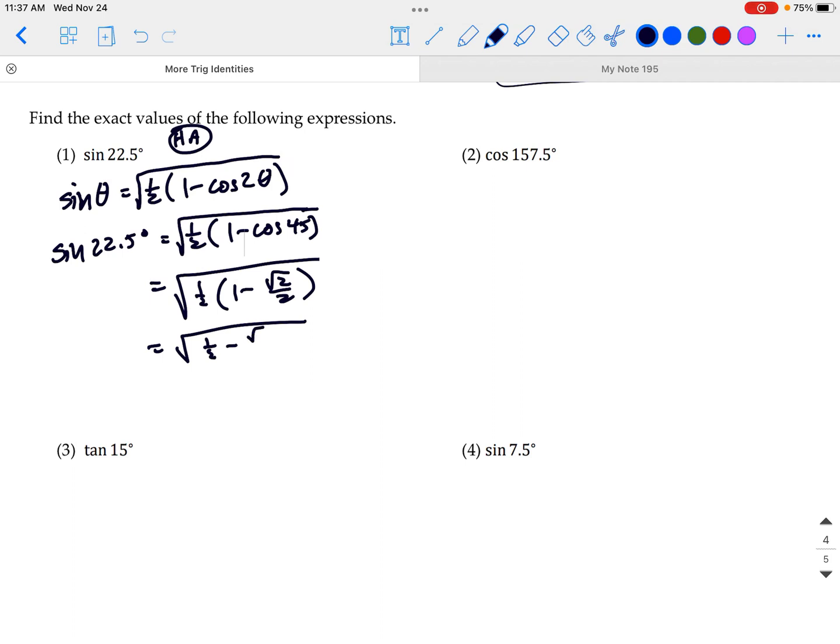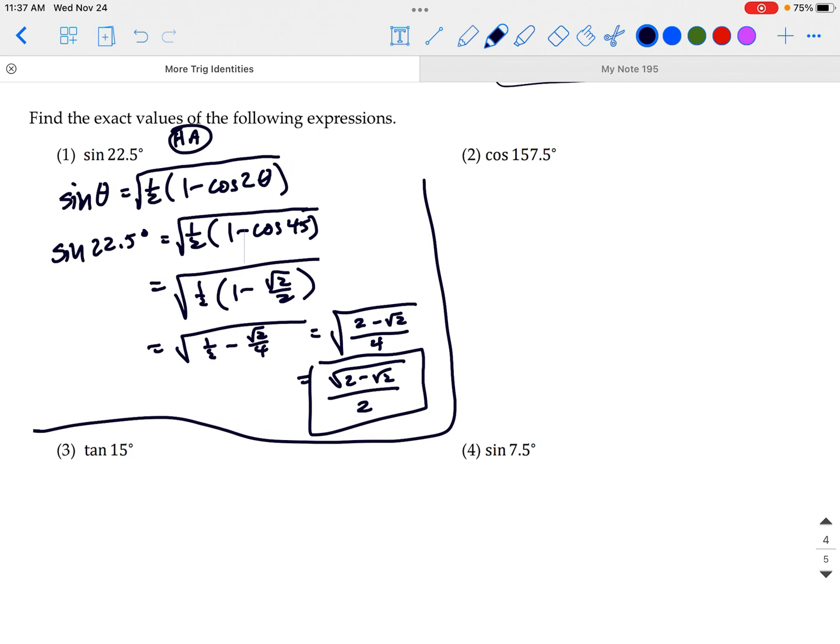We're going to get 1/2 minus radical 2 over 4, which we can rewrite as (2 minus radical 2) over 4, which is going to be radical (2 minus radical 2) over 2. So if you can find a perfect square, you're going to want to simplify that out of the expression. But what we'll note here is that we are going to have a nested square root, and that's going to be common with these.